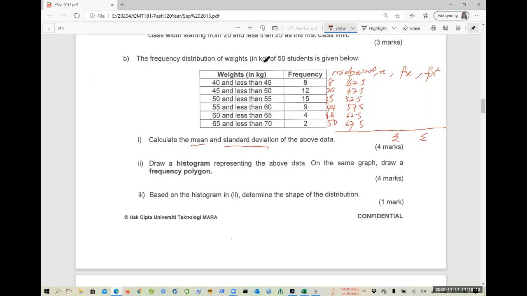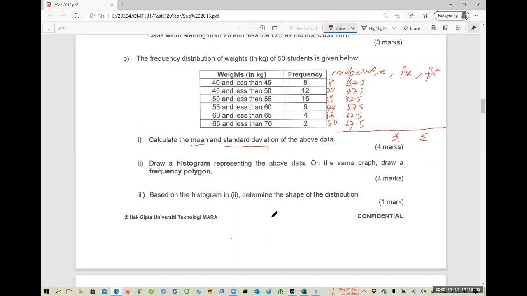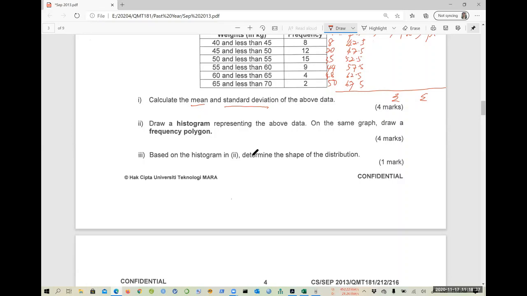And then the frequency is actually the number of students, right? So that means here it is better to write down number of students instead of just writing frequency. Okay, so that is for the second one. And then for the third one, they ask you, based on the histogram, determine the shape of the distribution.